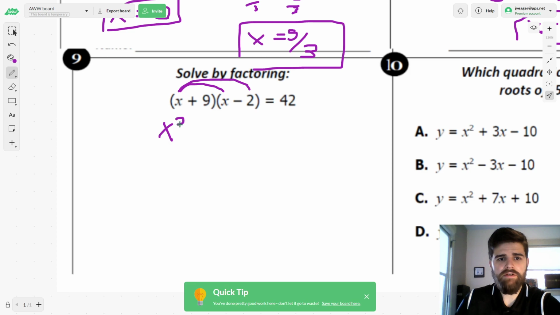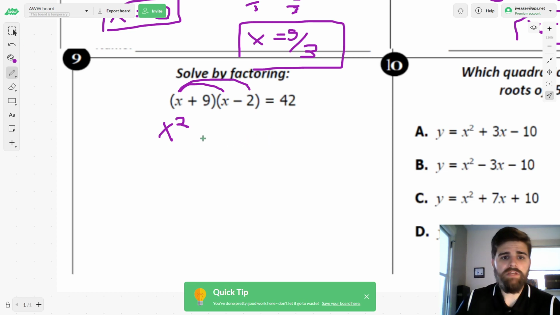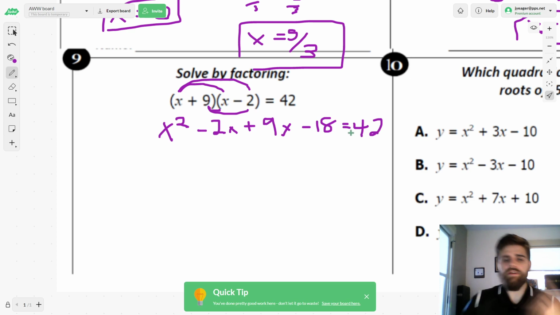We get x squared minus 2x plus 9x minus 18. That's all equal to 42. All right, so we said that we have to have everything off to one side so that one side is just equal to 0.